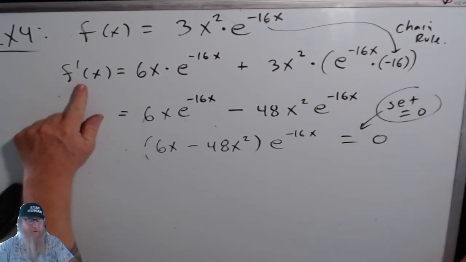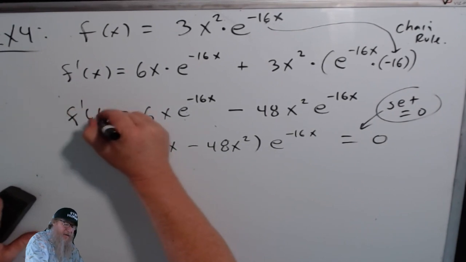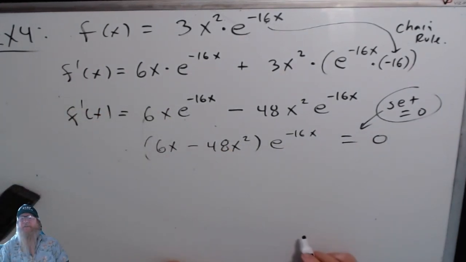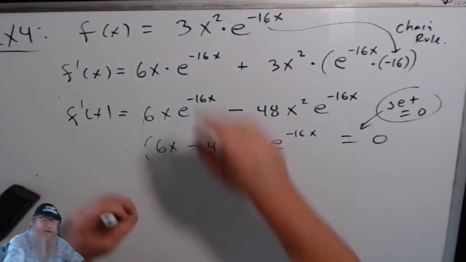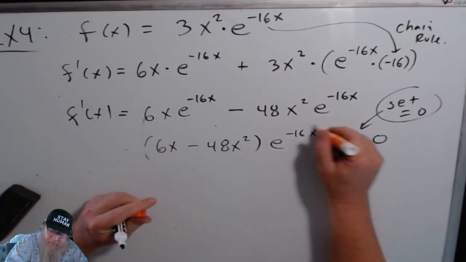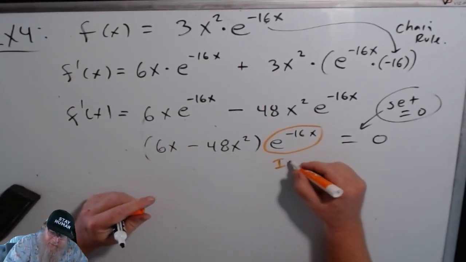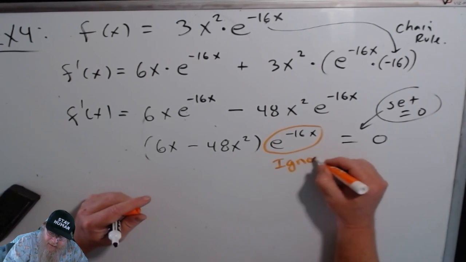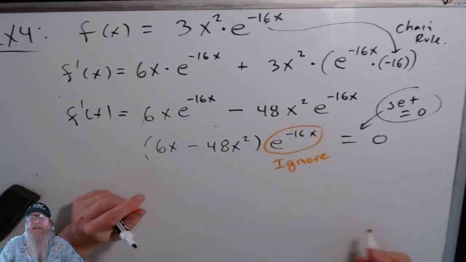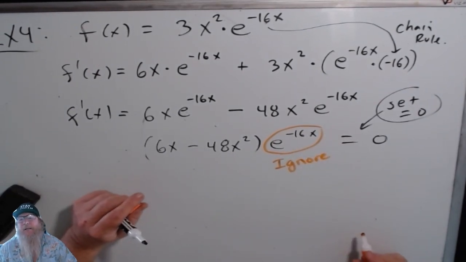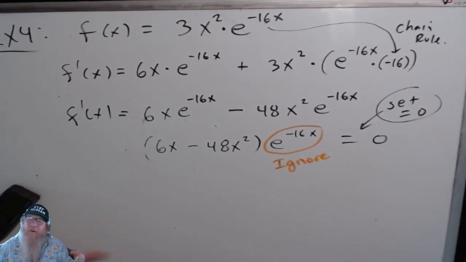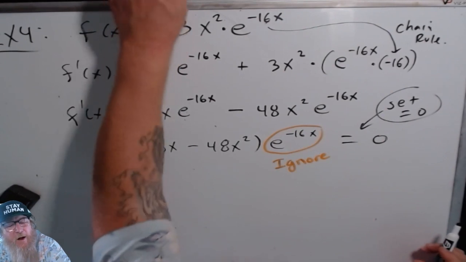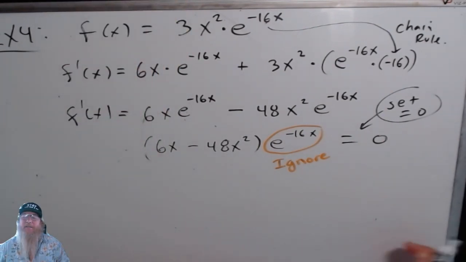All right, I'm trying to find critical values. So I'm setting my derivative equal to 0. I talked about this last time, so I'm not going to make a big deal about it. An exponential function cannot equal 0. I talked about the logarithm, and I went off on a side lesson on what the logarithm does to 0: it's non-existent.